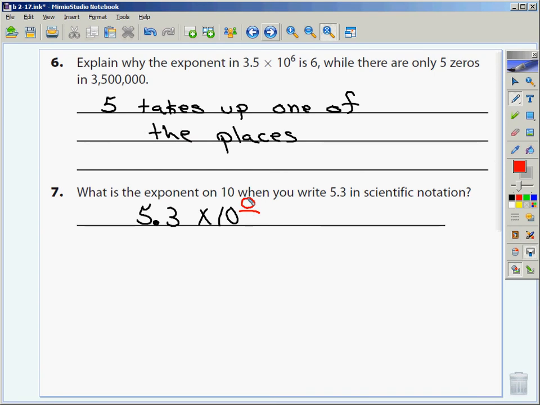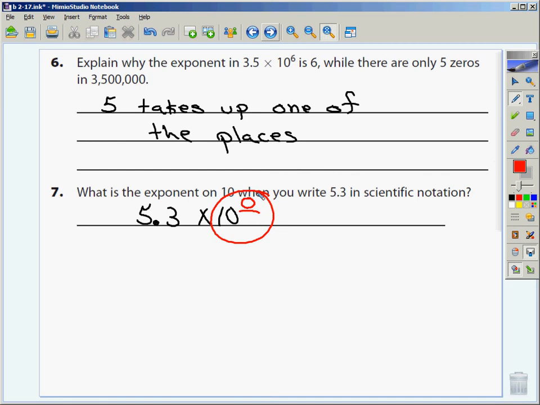David, can you tell me why it's 0? Because any exponent of 0 is 1. Right. Because anything to the 0 power is what? 1. What's 5.3 times 1? 5.3. Everybody see that? So, I can write 5.3 in scientific notation.